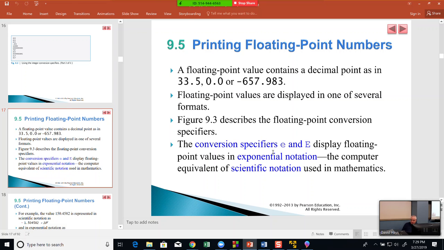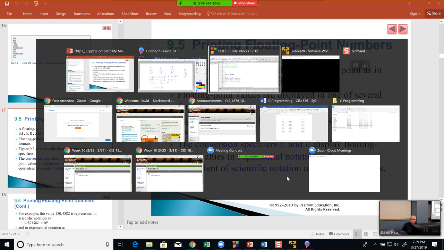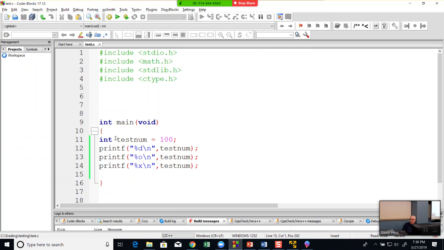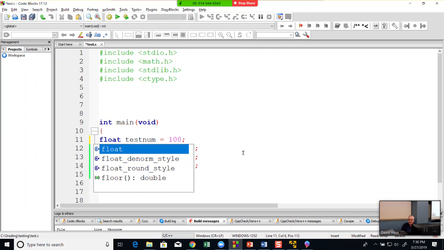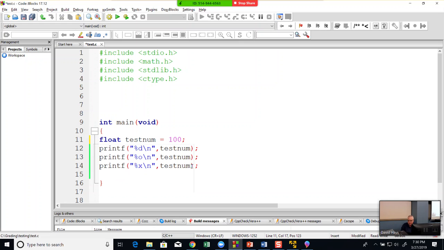Typically, the way that's expressed, if I've got a, let's see, I guess they said floating point, didn't they? 500.37, something like that, and E.